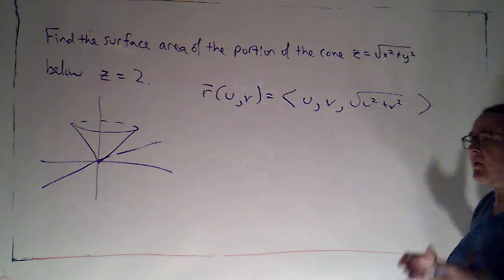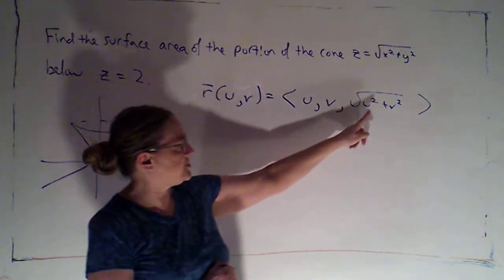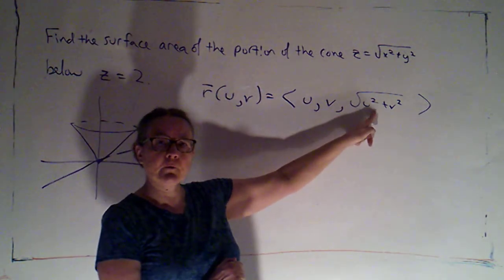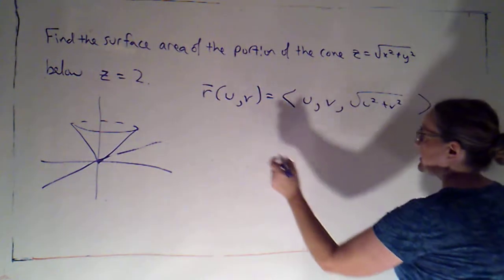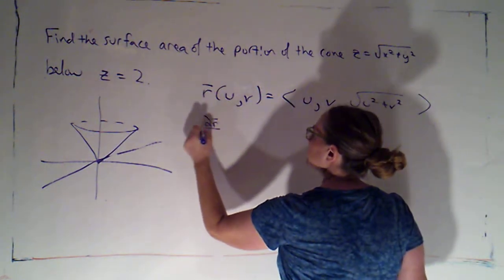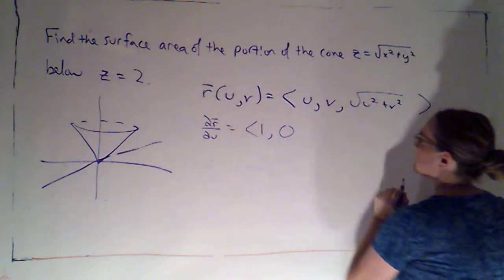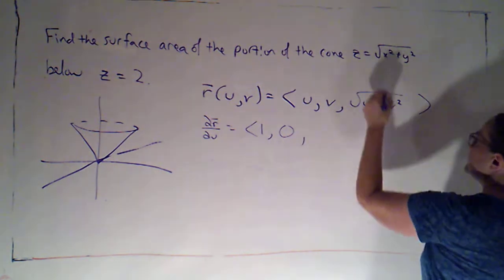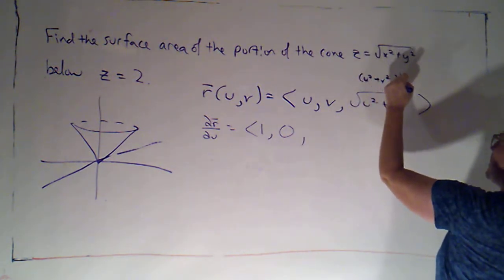But if you remember, when we were talking about parametrizing surfaces, I cautioned you about having square roots in your parametrization. And the reason is, if I take the partial of r with respect to u, I'm going to get 1, 0. This is u squared plus v squared to the 1/2.